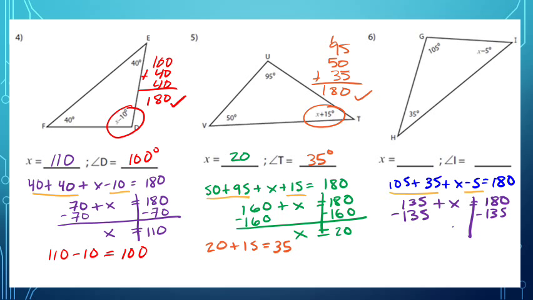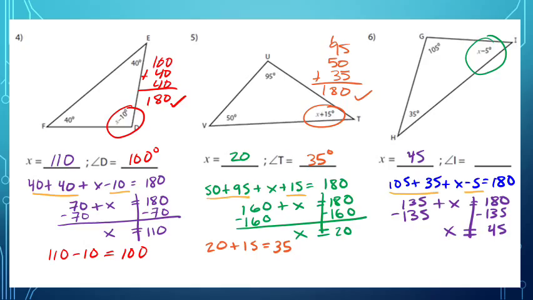And so now we have x equals 45. And so now at this point, I can go ahead and find that missing angle. So x minus 5 is my angle. So 135 minus 5 gives me 130 degrees.